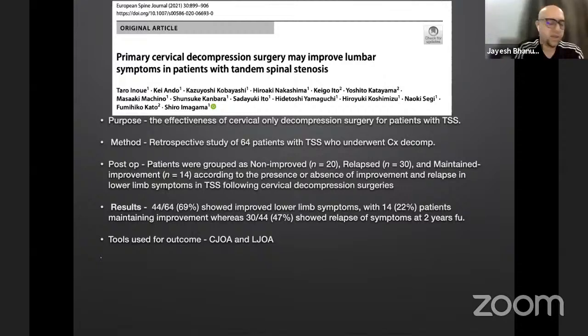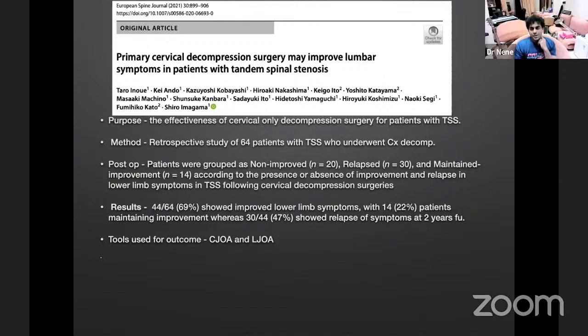Sir, if radiologically they do show a severe stenosis in the cervical spine, and clinically, if lower motor and upper motor symptoms are evident, then it is important to address both simultaneously.